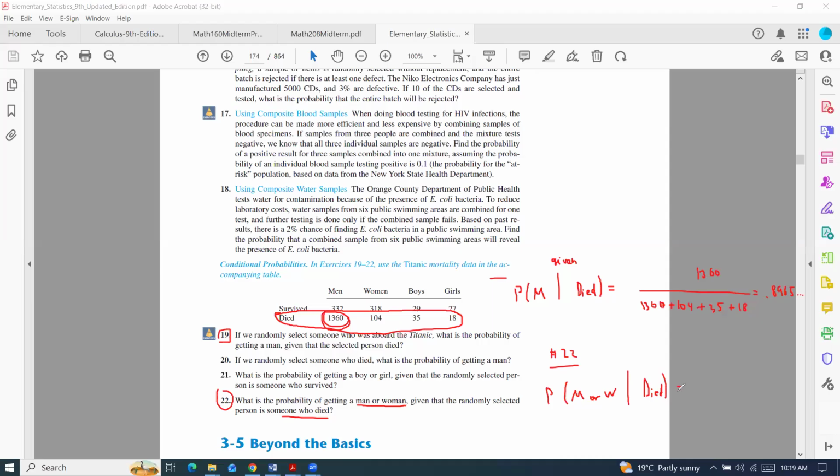So it looks like now we need to get the same denominator, because that's where we're concentrating. So 1360 plus 104 plus 35 and plus 18. So this is the denominator.